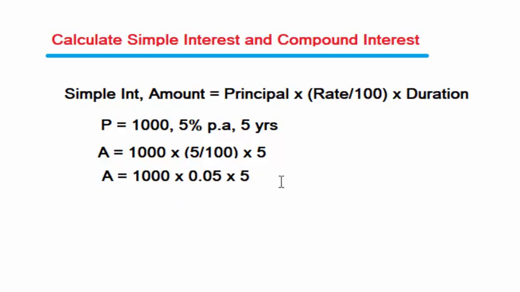Doing quick mathematics here, I will get 50 times 5, which is 250.